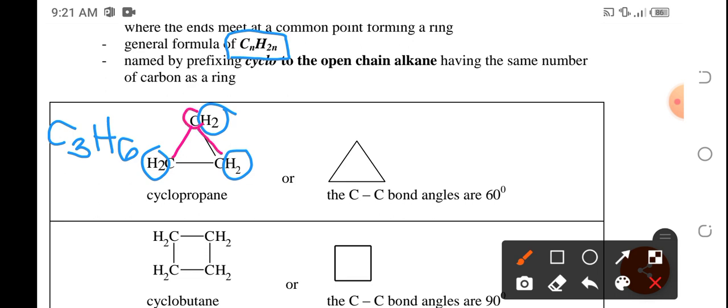Say for example, this carbon atom on the top is bonded to the other two carbon atoms, so that's already 2 counts for the bond. To meet the 4 bond requirement, it still needs another 2, and that is accounted for by hydrogen. That's why all carbon atoms in a cycloalkane bear 2 hydrogens.